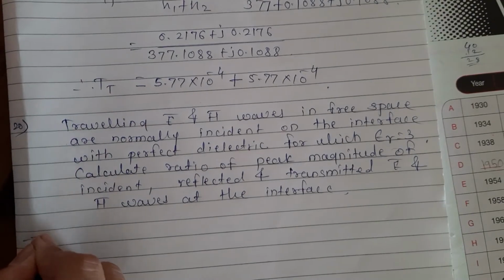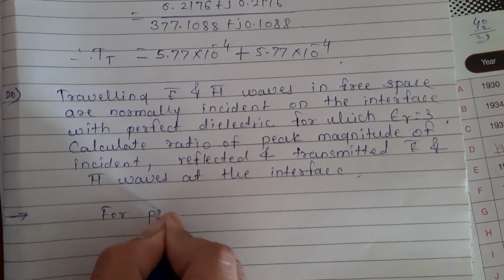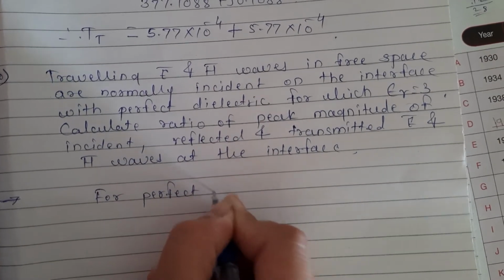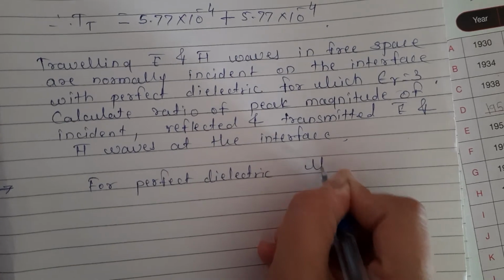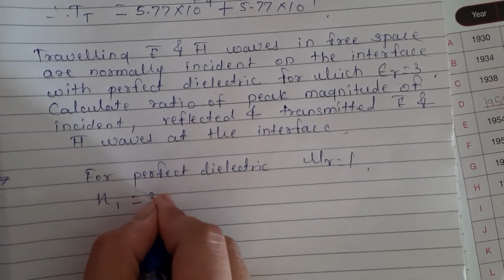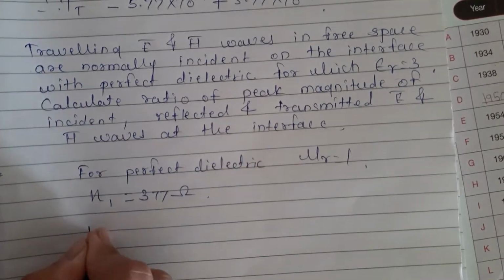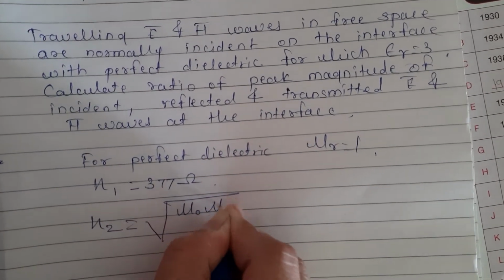So the solution is, for a perfect dielectric, mu r value is 1 and eta 1 intrinsic impedance is 377, and eta 2 is calculated by using this formula.